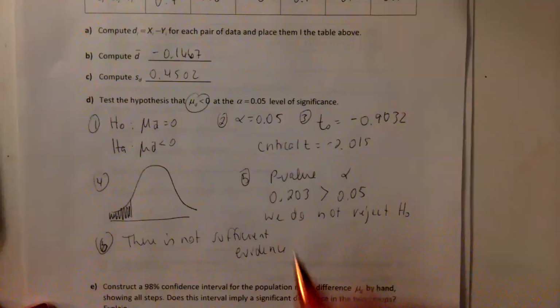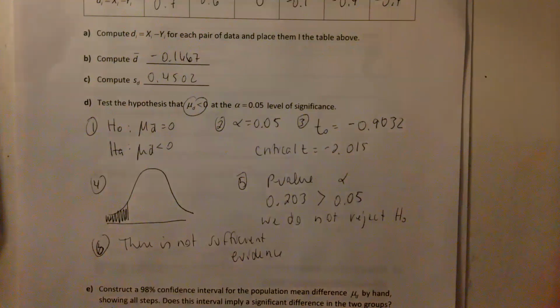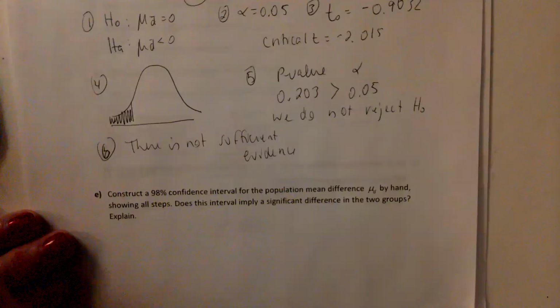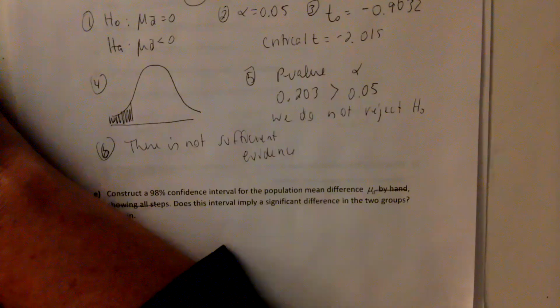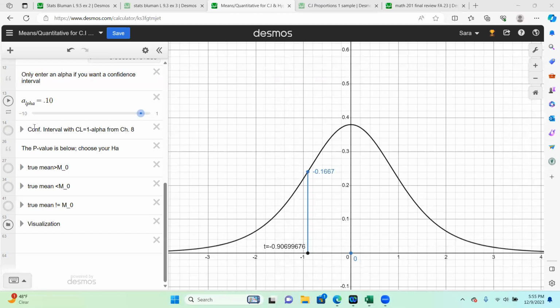And then it says compute a confidence interval, a 98% confidence interval. It says by hand, but we're just going to go back to the program that we were using and do the drop down for the confidence, but make sure our alpha is 1 minus 0.98, so alpha is 0.02.